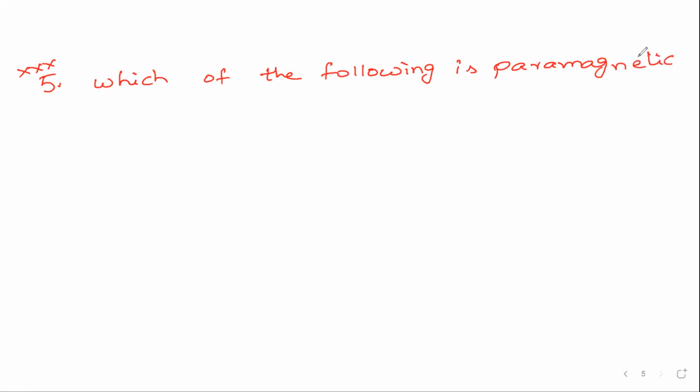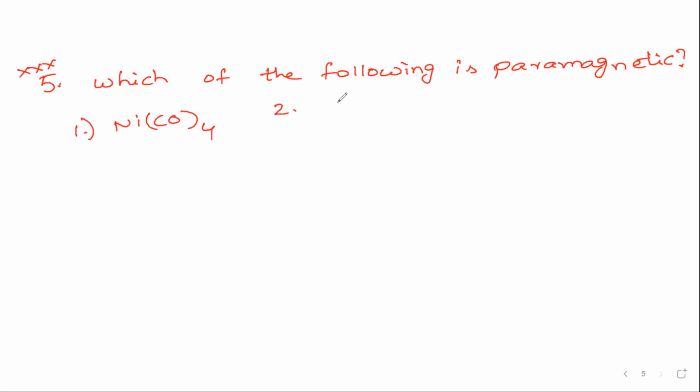Which of the following is paramagnetic? Very, very important model. So how to identify which is paramagnetic? If it has unpaired electrons, we can say it is paramagnetic. Option 1, the first option, is nickel carbonyl compound, that is tetracarbonyl.